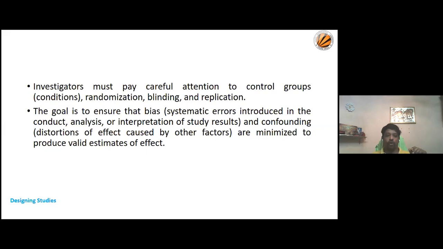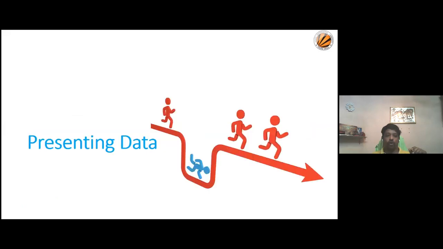Presenting your data is always an issue. What I observe when we read through master's dissertations, and even PhD dissertations, is that they have problems in presenting the data. One student presented the intervention data between the groups in a table, and then wanted to present the same data in a graphical form, which is not correct.